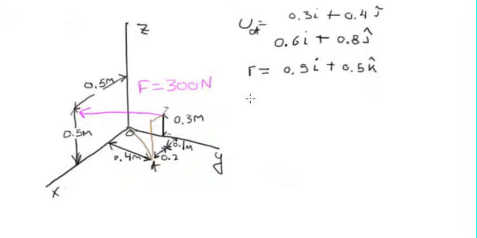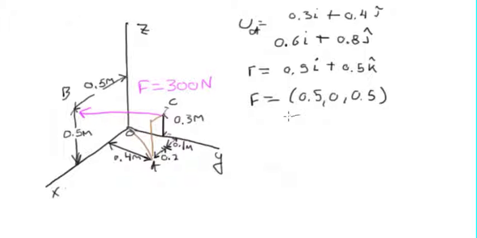And then finally, find your force vector. Your force vector, first you're going to find out this point here and then this point here, and you're going to subtract them and then find the unit vector. You're going to multiply that unit vector by 300. So we'll label this point B and this point C. So point B is going to be at 0.5, 0, 0.5.